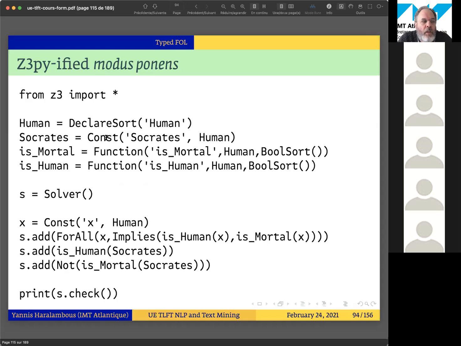And in a forthcoming lecture and lab, we will see another representation language, which is description logics, and another tool, which is ontologies, used in the semantic web. And in that case, we will have a lab on question answering systems using ontologies. So once again, an application of these tools to chatbots and artificial intelligence.